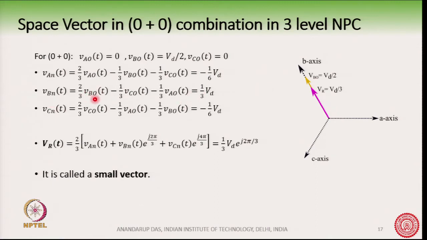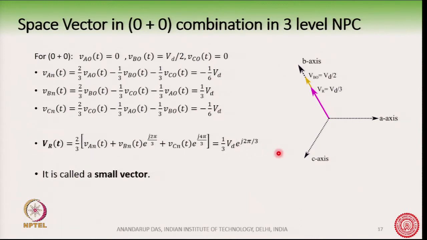VBNT similarly, if you put these values here, will be equal to 1/3 Vd, and VCNT will be again equal to minus 1/6 Vd. Okay. If you substitute these values here in the equation, this means that the VRT or the resultant space vector is given by this one, and you will find it to be 1/3 Vd e to the power j 2 pi by 3.